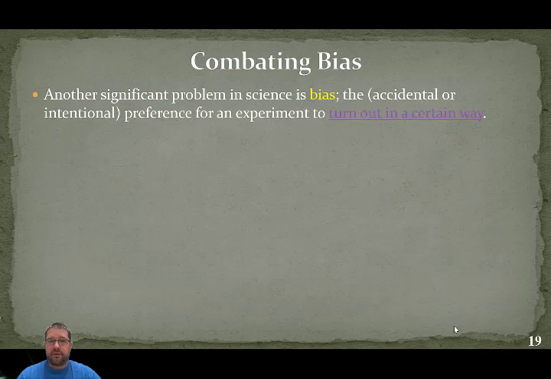You're naturally biased to things that are familiar to you. You're naturally biased to things that you like. You're naturally biased to things that you want. Now, it's hard to remove all biases out of every experiment.